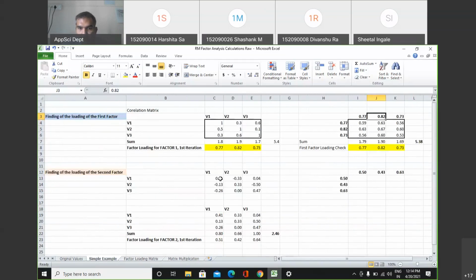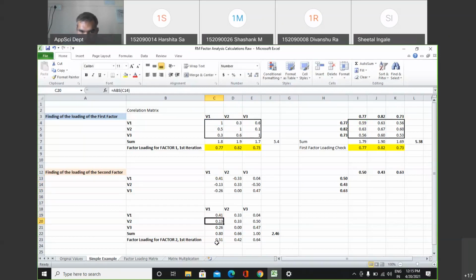So we proceed, we subtract this matrix from this matrix. If there was some negative value, we would have made it positive by using the absolute value function, then gone along with that. So here, as there are negative values, we have made them positive by using the absolute value.